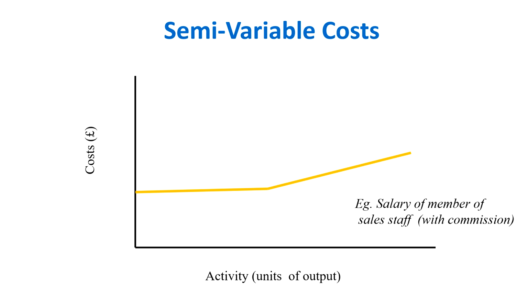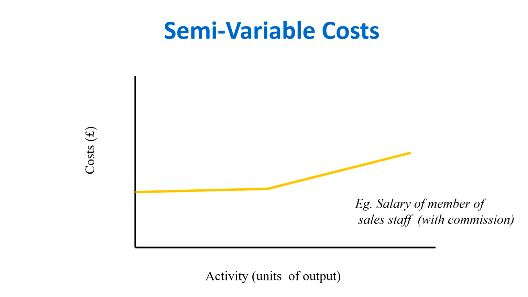So once a certain activity level is reached, the sales staff is paid a commission for extra sales. Every extra sale they make beyond a certain level, they're paid some extra salary. And therefore their salary is now increasing with increased activity. It's constant initially, but once they reach a certain threshold, once they sell a certain amount of products, they're paid more money.